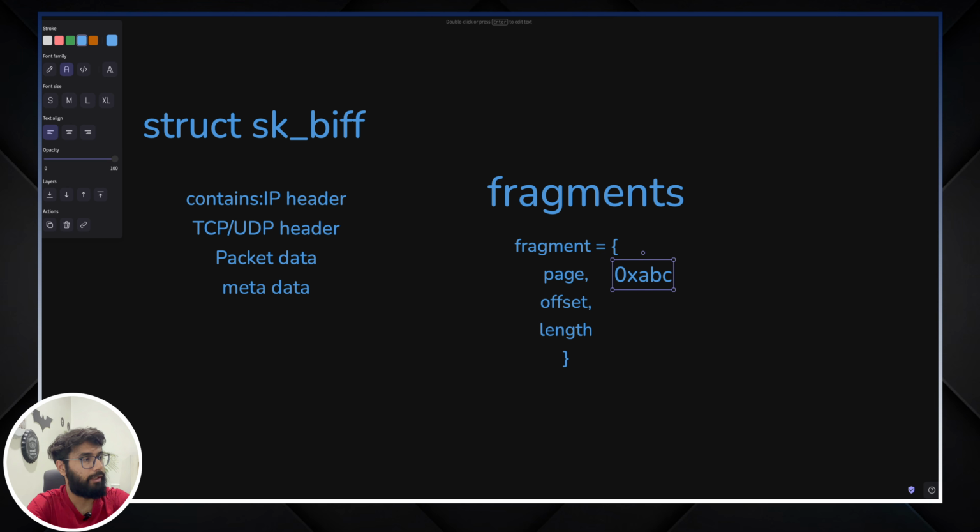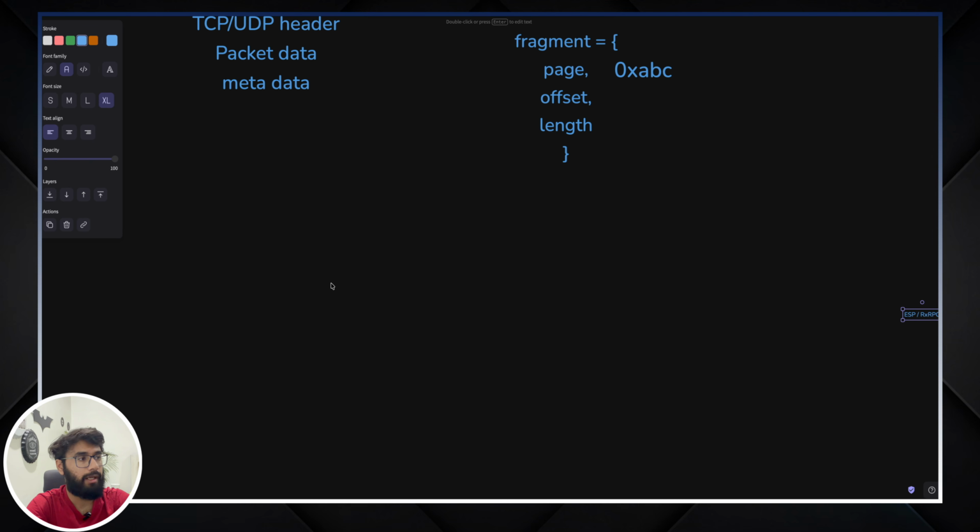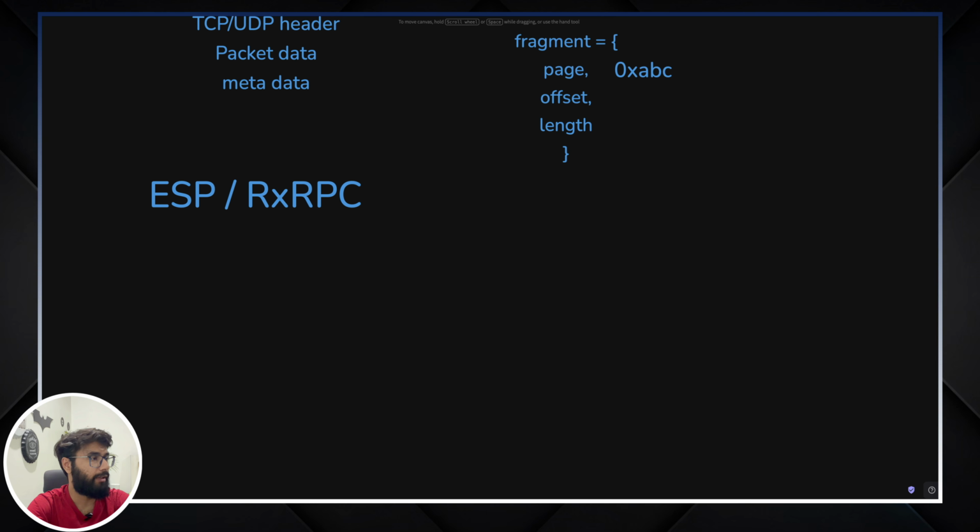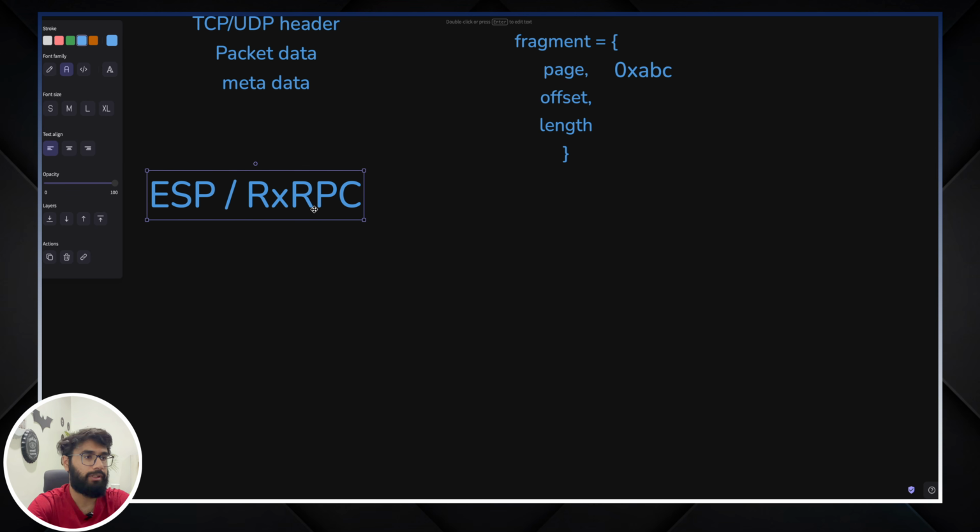Now comes the second thing, the ESP and RPC. These systems process packet fragments and they can perform modification also. ESP and RPC get used for the modification, basically for the processing of fragments.